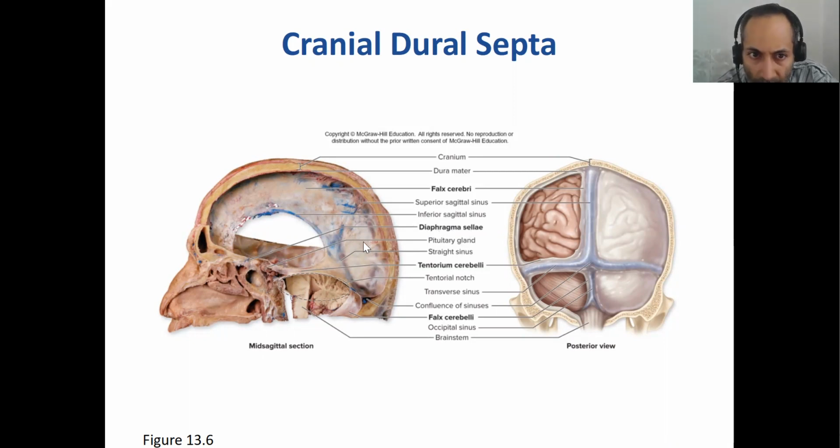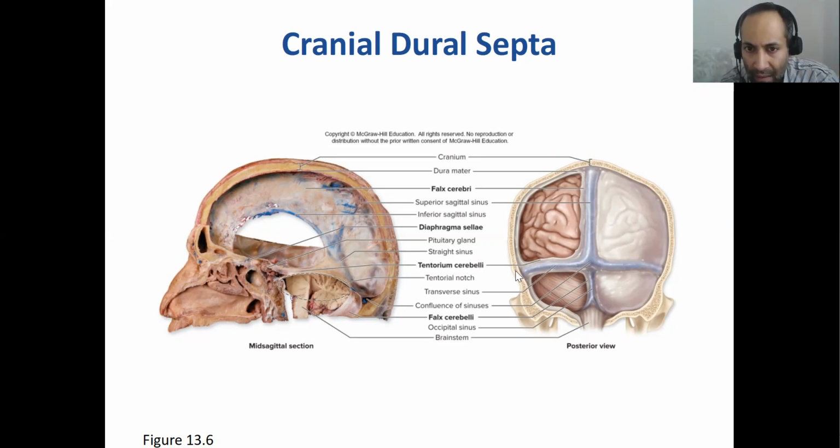Then just underneath here, you have the pituitary gland area, the sella turcica or the diaphragma sellae, an important area, right? Then in the back right here, you have this across type of partition called the tentorium cerebelli.